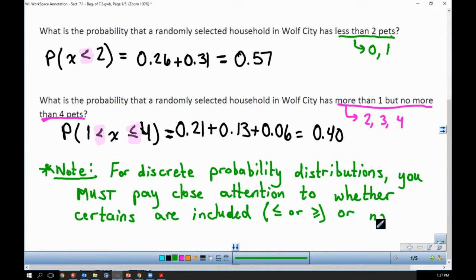Or not included. That's where it's strictly less than or strictly greater than. And again, this is for discrete probability distributions. We're going to see at the end of the day that when we get to continuous, the signs don't really matter much.